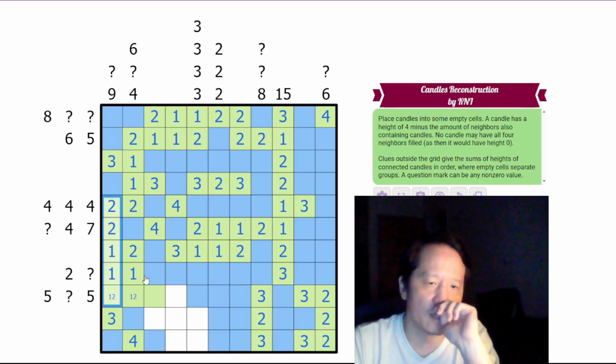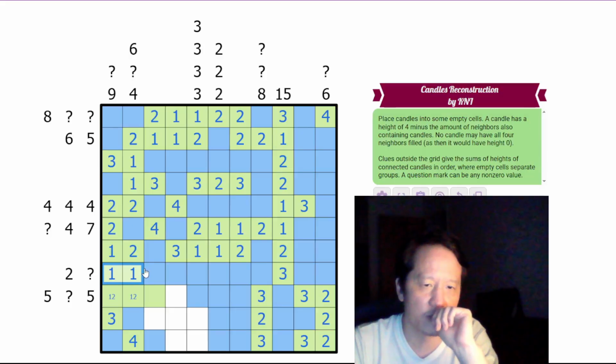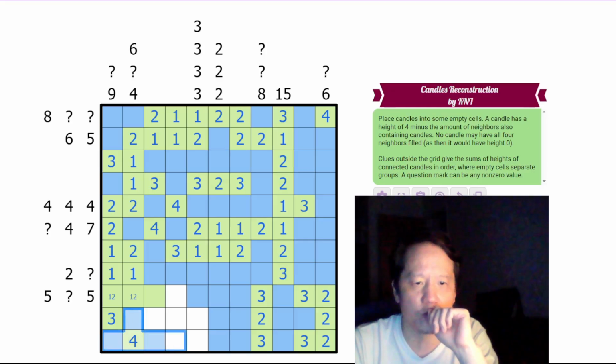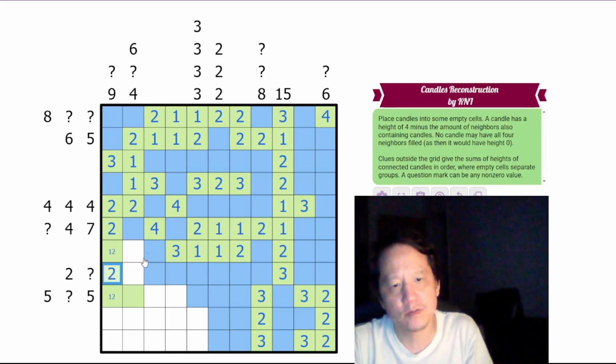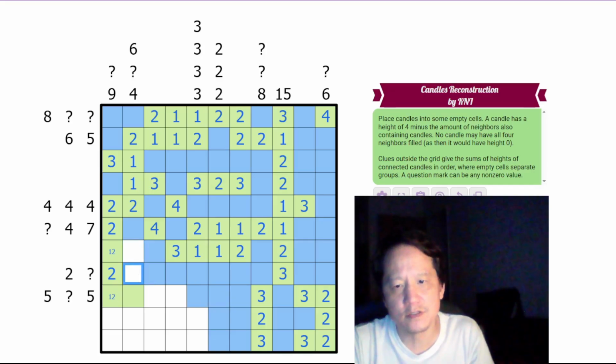So you cannot have this being 1, 1, is essentially what it seems like. Because you have to have a 4 here. So this has to be 2, which means this is blue here.